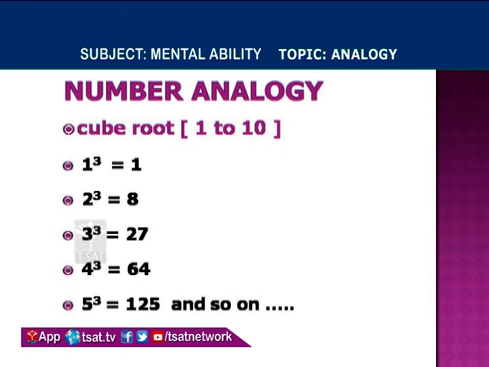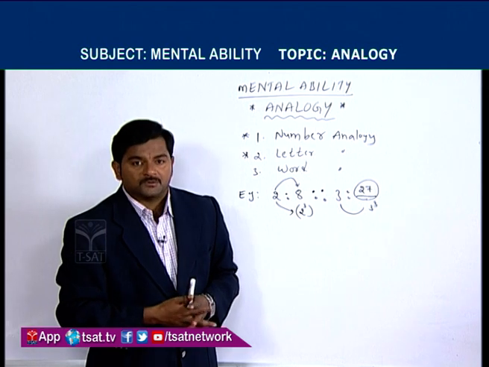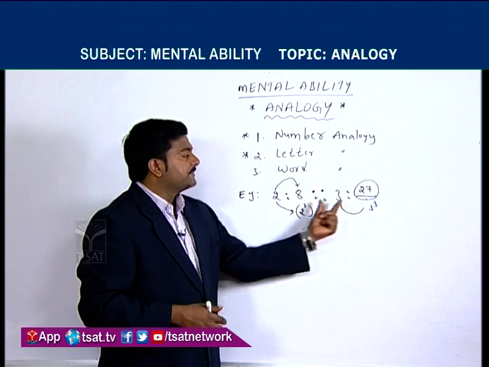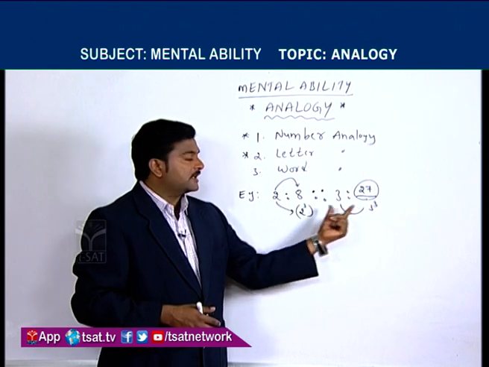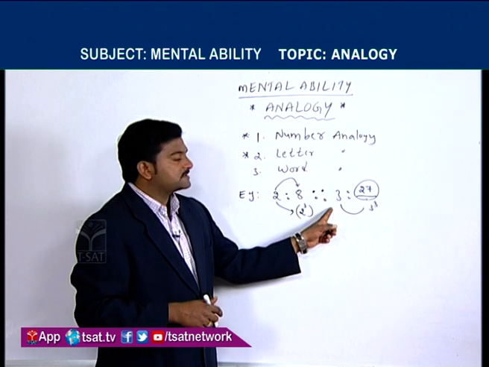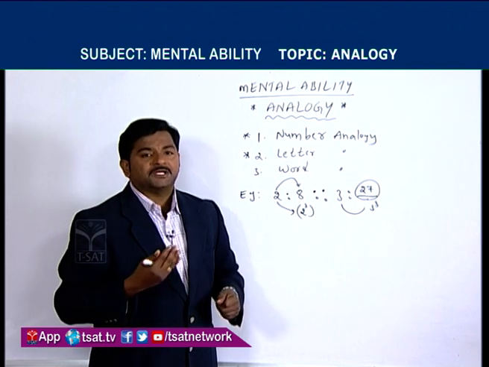This type of question is called an analogy question, that too a number analogy question. Here 2 sets of numbers will be given: one pair and a second pair, separated by the symbol is as. You need to think in 2 ways.